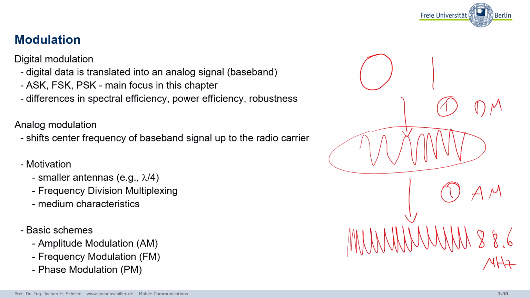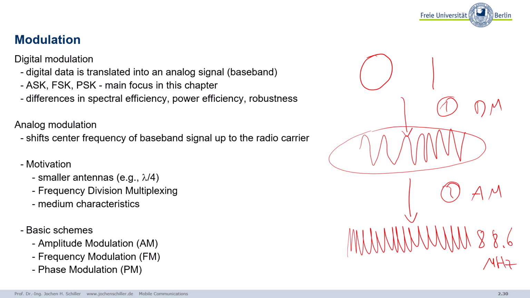And the idea now is that we use our baseband to modulate this carrier frequency. So for one type of modulation, for example, we could have a bit higher frequency around the carrier and a bit lower frequency around the carrier.